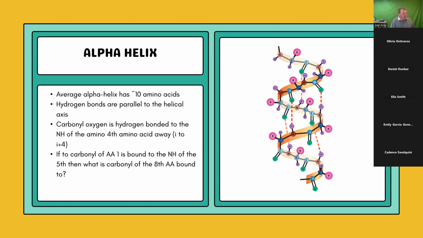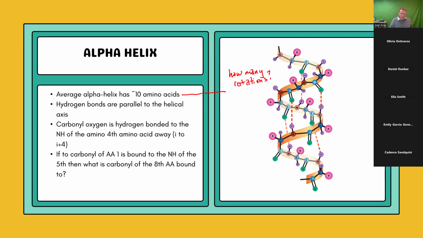Now, one of the things that I've noticed over the years that people get mixed up on is they take this prompt or that stem. Average alpha helix has 10 amino acids. Okay. And then if I say, how many rotations does the average alpha helix have?